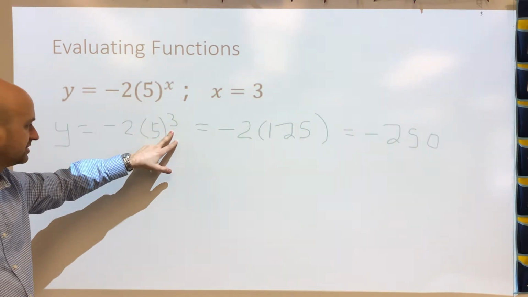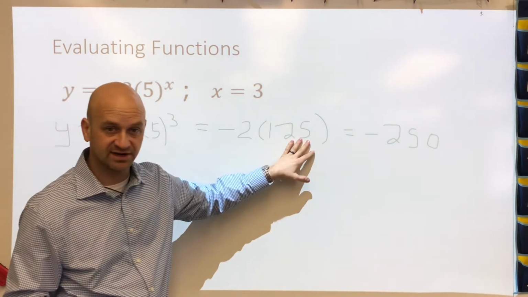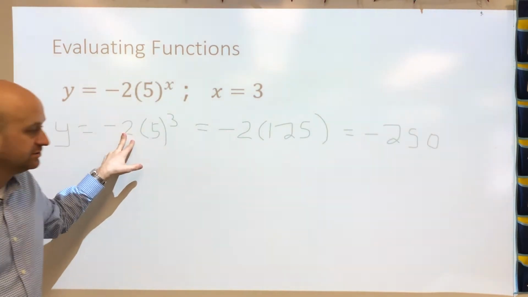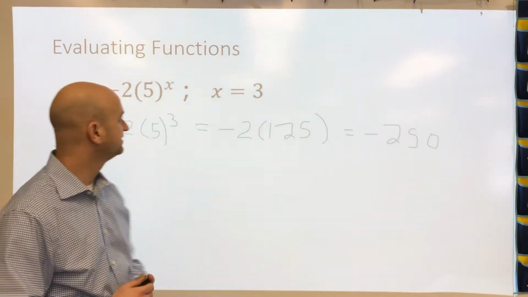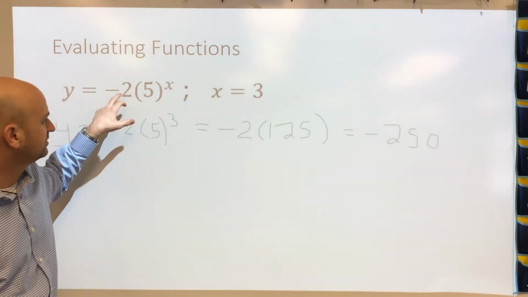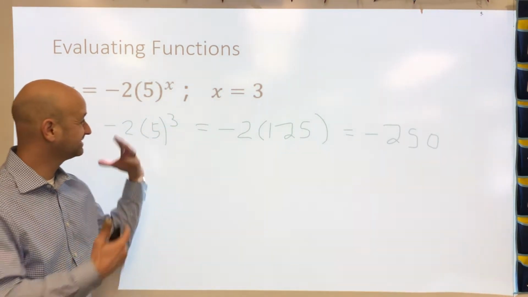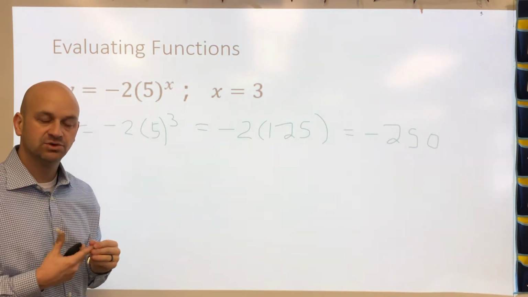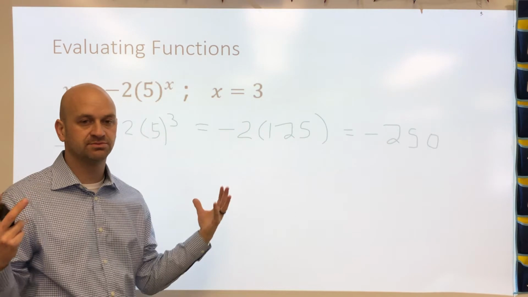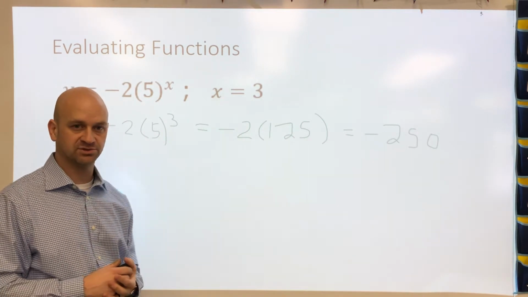Or use your calculator. 5 to the third power is 125, times a negative 2. That's where the negative 2 comes from, and we get negative 250. I know it seems odd how these numbers end up that way, but that's the power of an exponential function. When you have an exponent, it really amplifies the values of the numbers that you have.